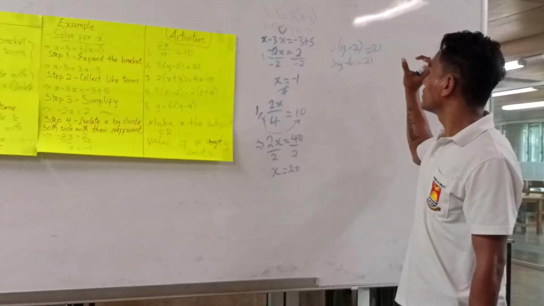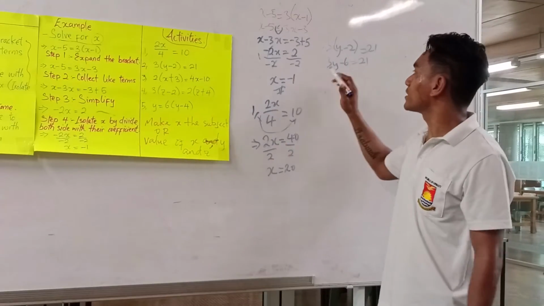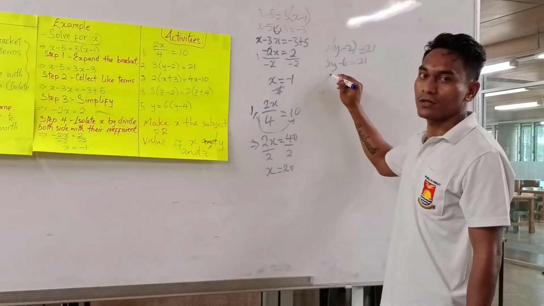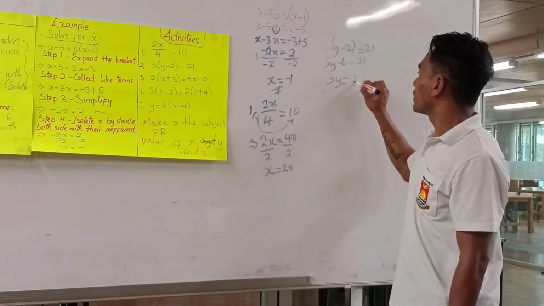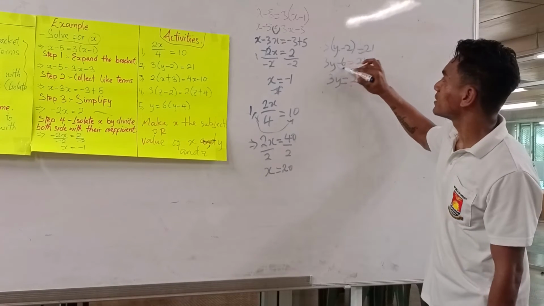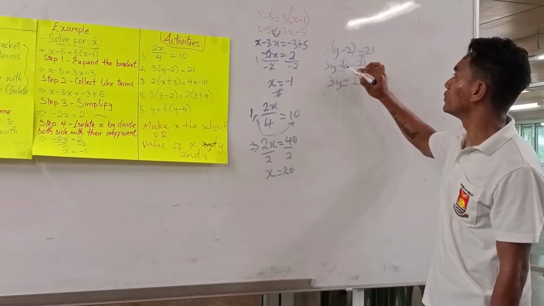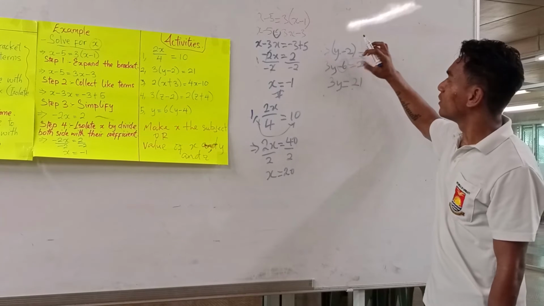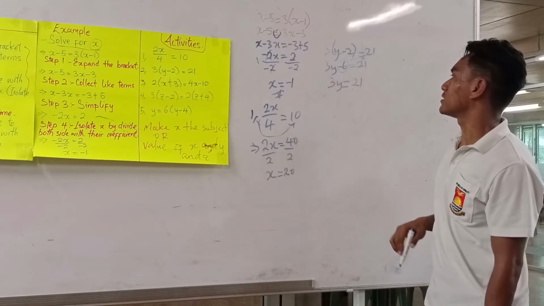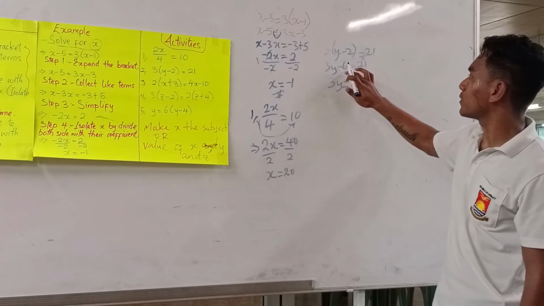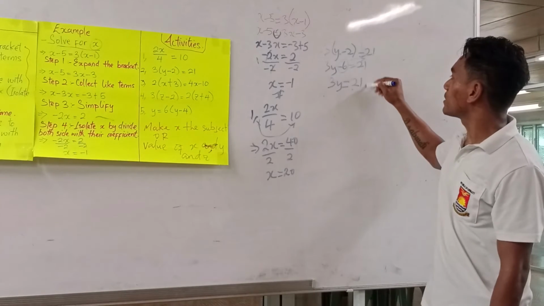Okay, collect the like terms here. So 3y is equal to 21, moving negative 6 to the other side. When you move it over the equal sign, the sign must be changed. So negative 6 becomes positive 6.